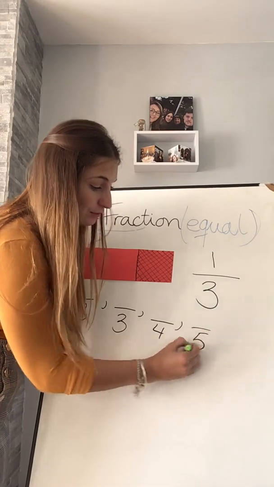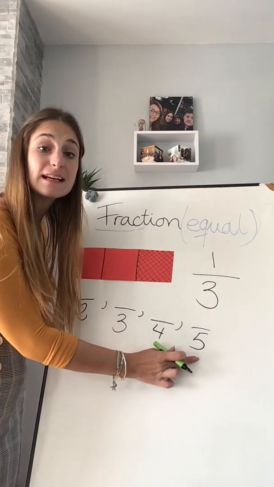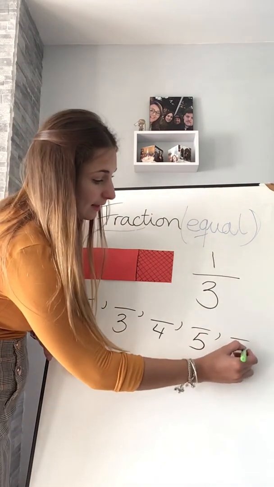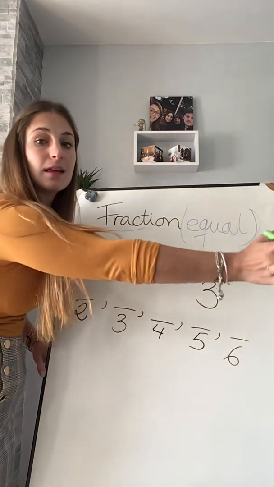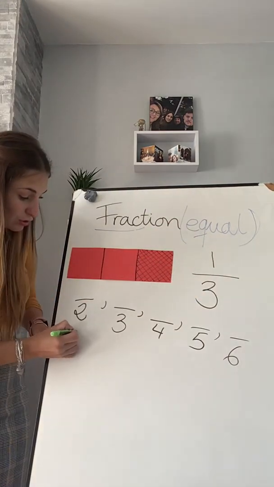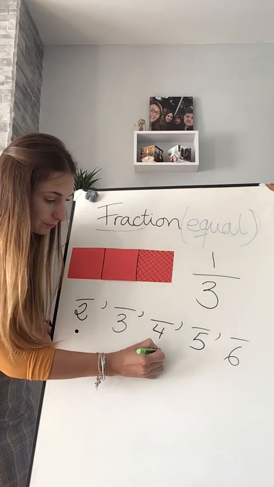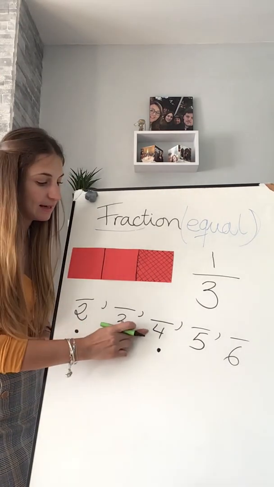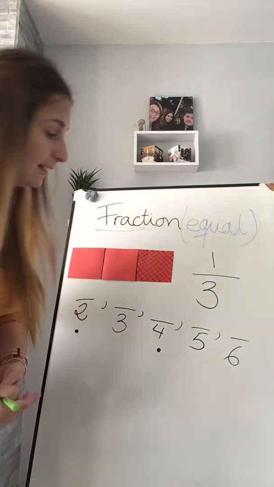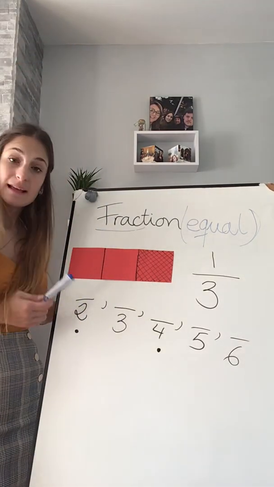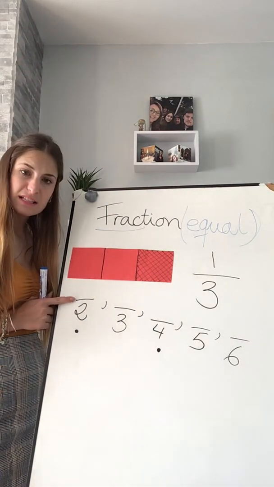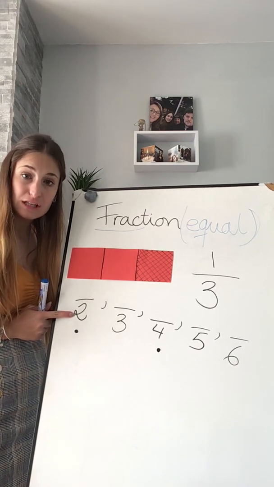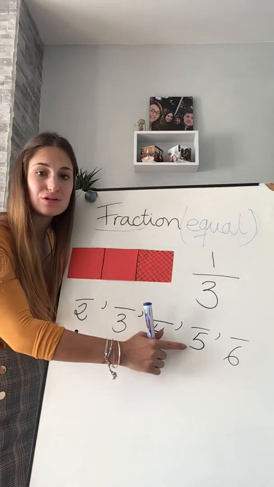Then it can be cut into 5 equal parts and you read it as a fifth, as in a race, then a 6th, 7th, 8th, and carry on. The only 2 that are different are a half and a quarter. And remember it is telling us that something is being cut, split, shared equally into 2 parts, 3 parts, 4 parts, or 5 parts.